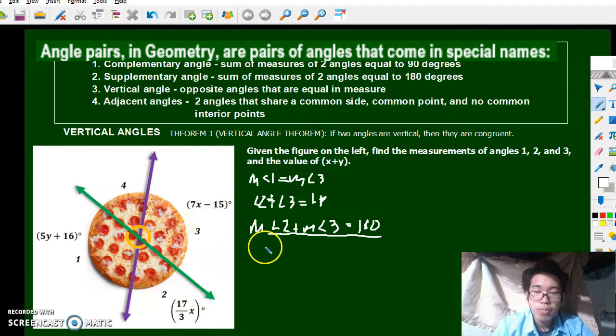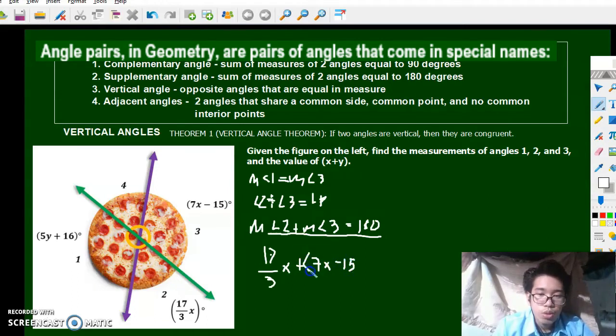When we add the measurement of angle 2, which is 17 over 3x, plus the measurement of angle 3, which is 7x minus 15, let's not forget to write the parentheses.